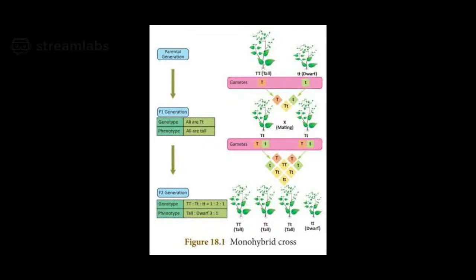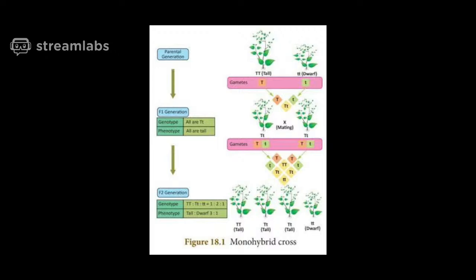Mendel went with research work, that is, crossing 2 pea plants with 1 contrasting character, that is monohybridization. In monohybridization, he selected only 1 character, that is the length of the plant.